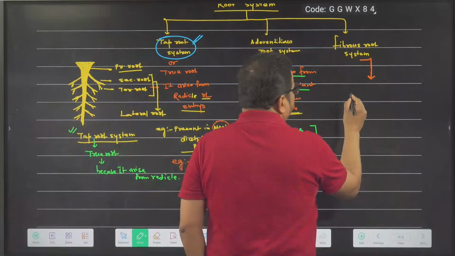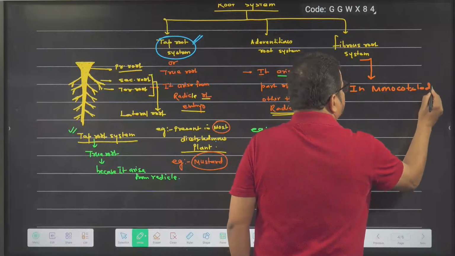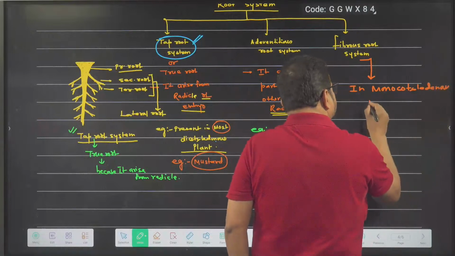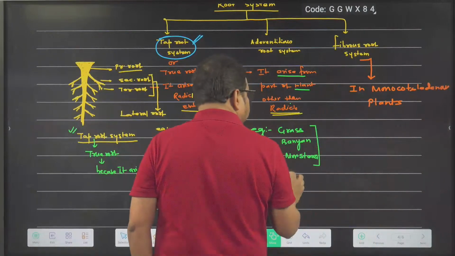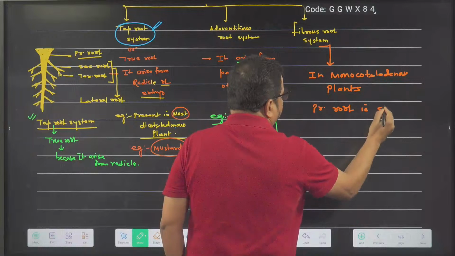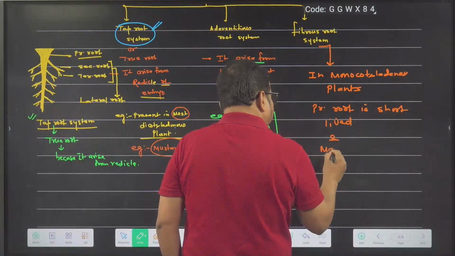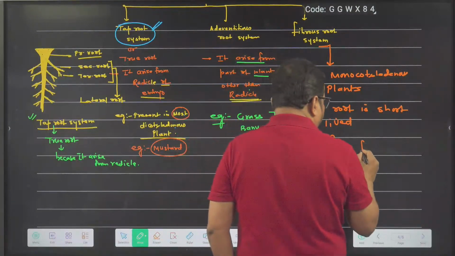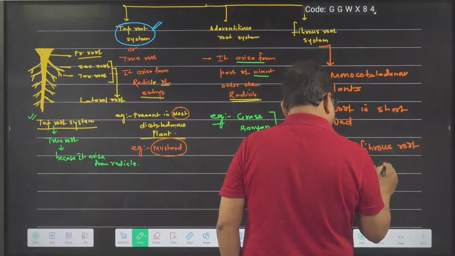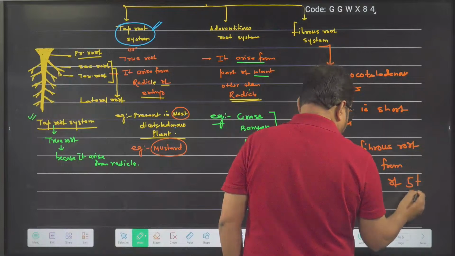NCERT wrote about fibrous root: in monocotyledonous plants, primary root is short lived and many fibrous roots arise from the base of a stem.